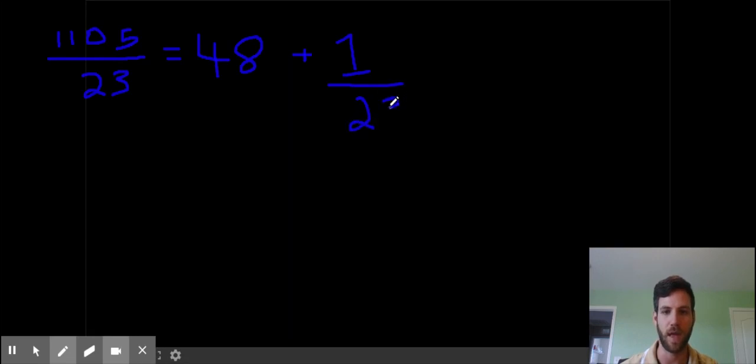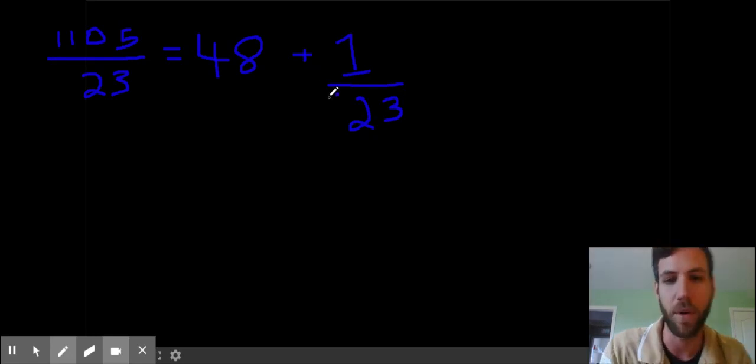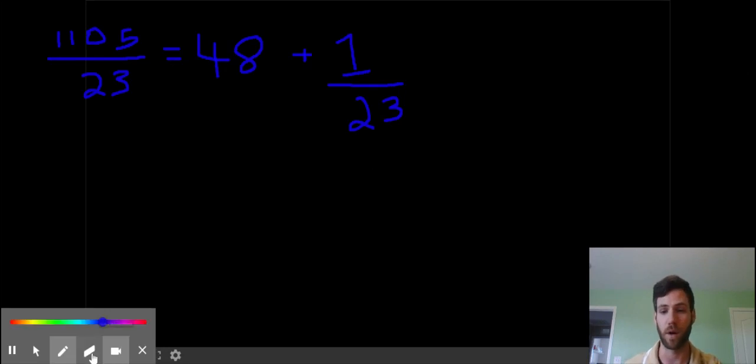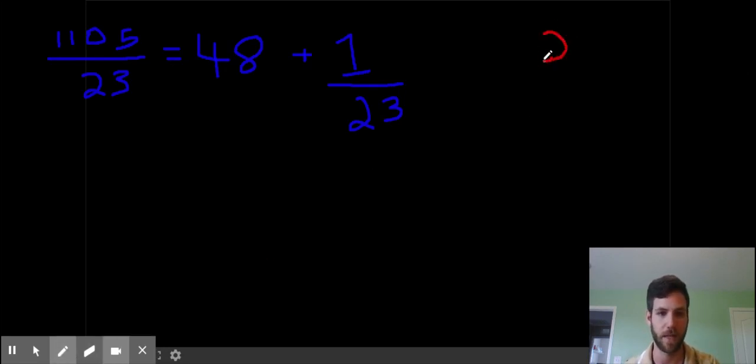And you could check that on your calculator for the decimals. 48 and 1/23 is equal to 1105 divided by 23. So that's one way to write it, kind of similar to 20 divided by 4 is equal to 5.